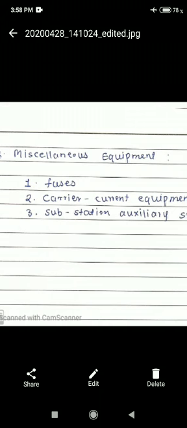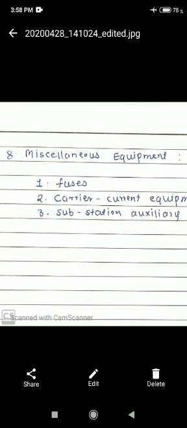These are the instruments which are used for the proper operation of the substations. These instruments are very important, and we should know about every instrument used for measuring the different electrical quantities.